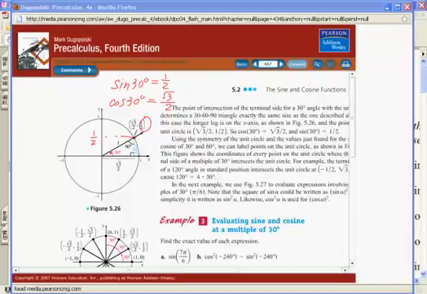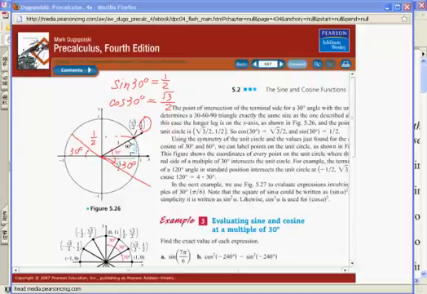So actually, we may also find the other multiples of 30 degrees. Let me draw some lines. So this is 30 degrees, and this is also 30 degrees.